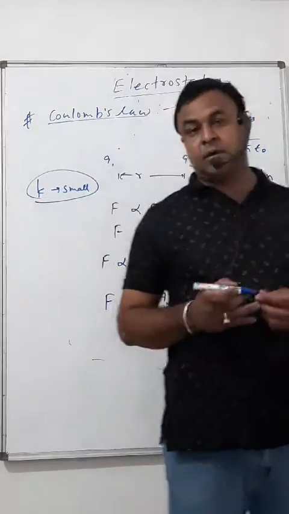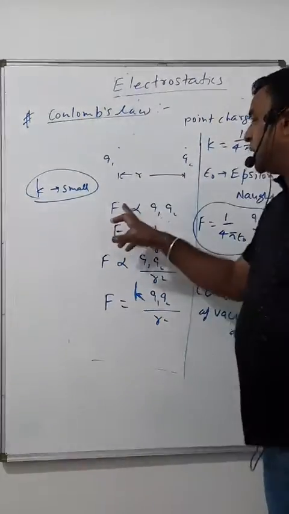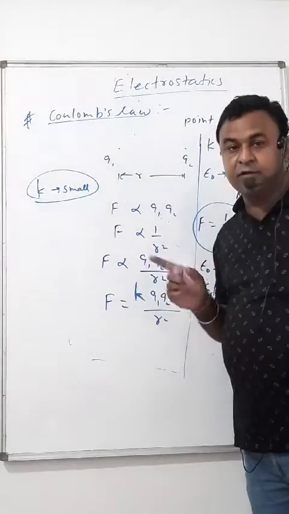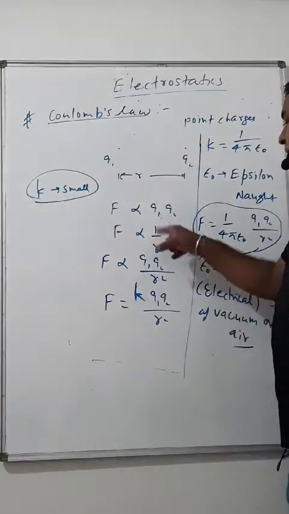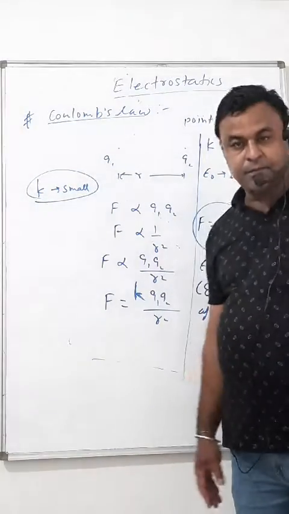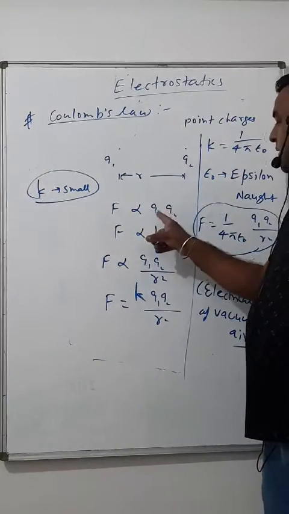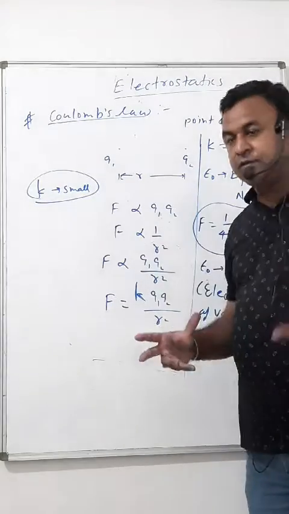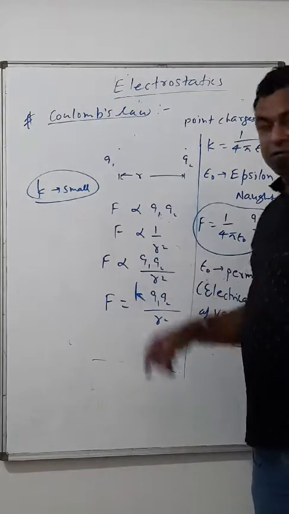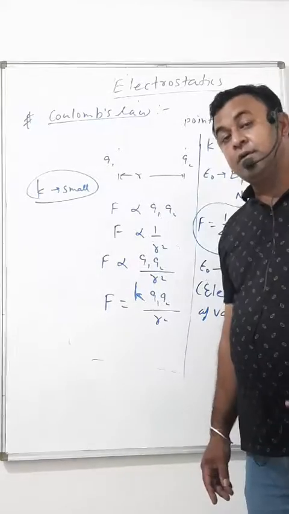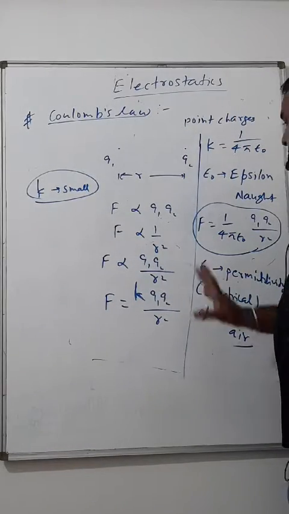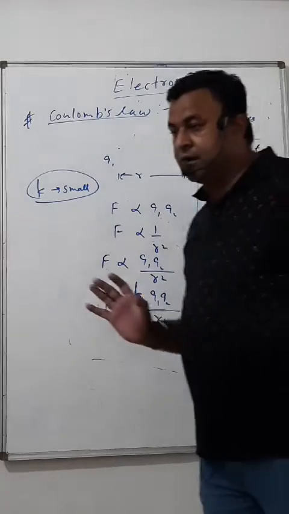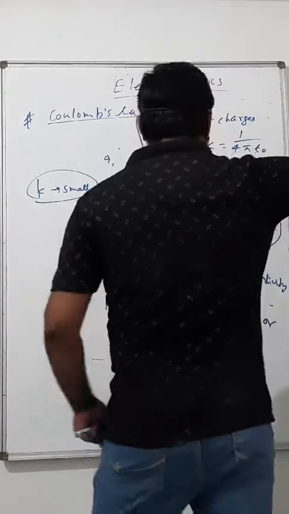Now listen, in this formula, force between two charges is proportionate to the product of the two charges. First thing, it is inverse of the square of the distance. That means if charge is increased, force increases. If distance increases, force decreases in square proportion. Collecting this, we found the value of the constant, and we have finally the Coulomb's law formula.